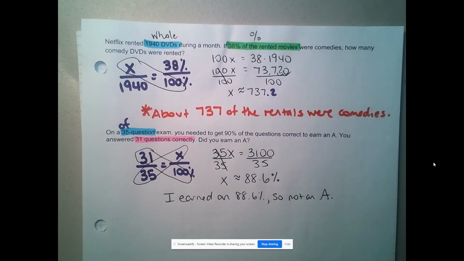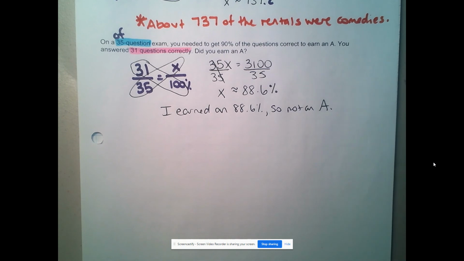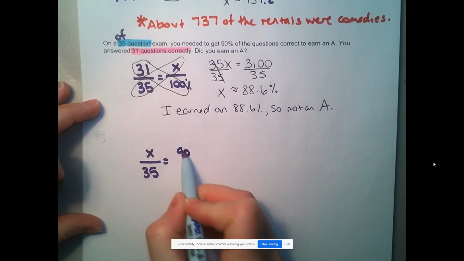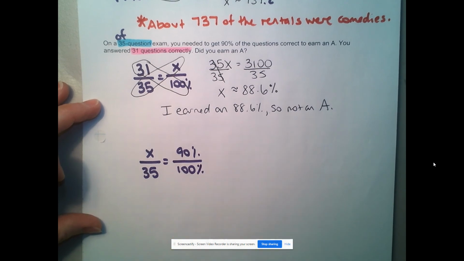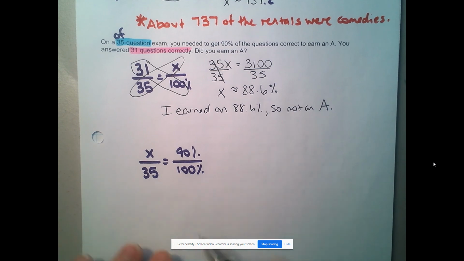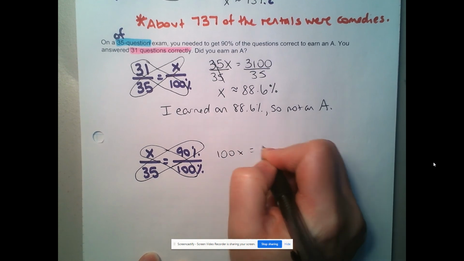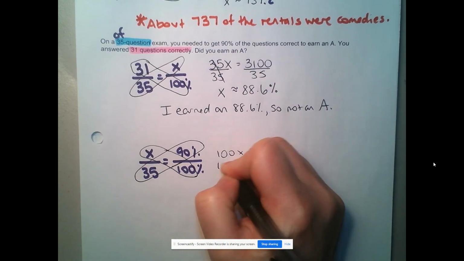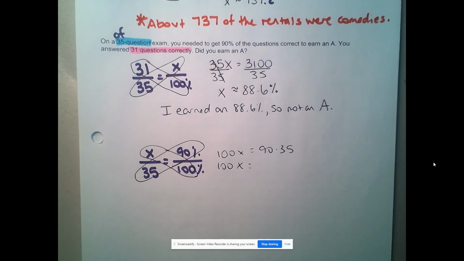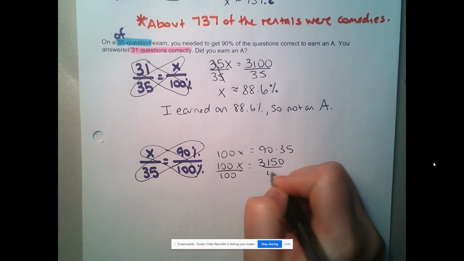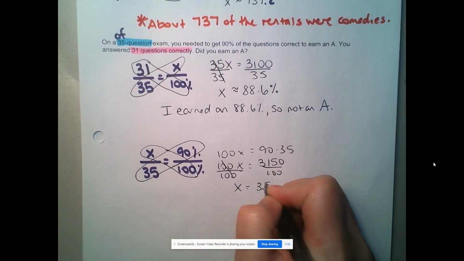Now, for those of you willing to stick it out for an extra, maybe 30 seconds, if you did the problem the other way that I had mentioned, you could have said, what out of 35 is a 90%? And I know some kids do this at the start of tests and quizzes. They're like, if I want a 90, how many do I need to get right? So 90% of 35. So if you do 100 times x equals 90 times 35, and you'd have to do 90 times 35, which is 3,150, divide both sides by 100, x equals 31.5.